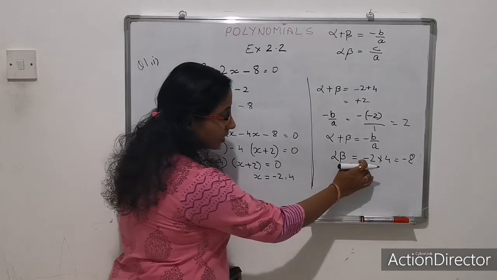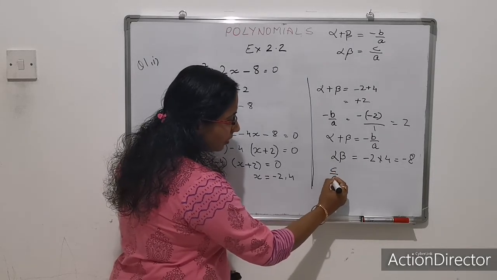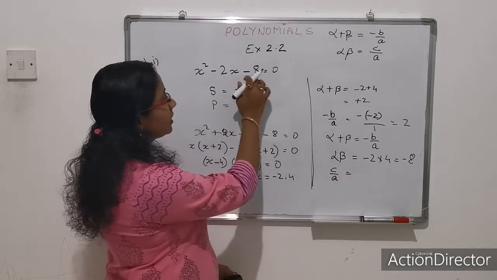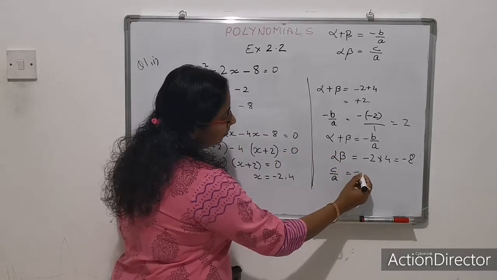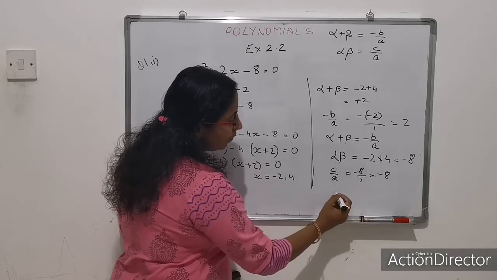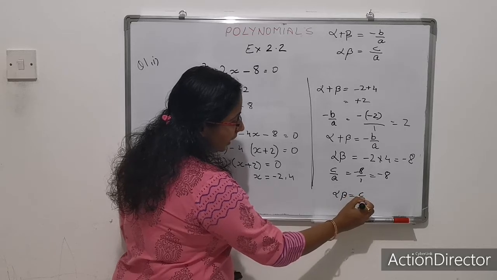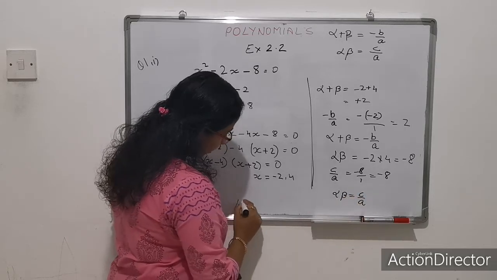Now, c by a. What is c by a? C is this number, minus 8. Minus 8 divided by 1. That is minus 8. So we get alpha beta is equal to c by a. Hence, verified.